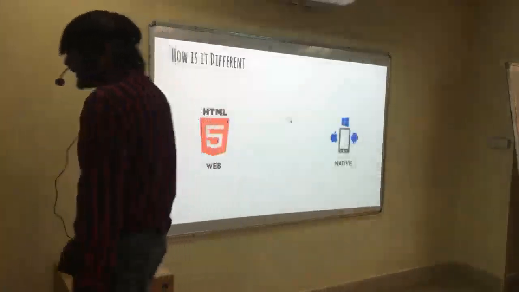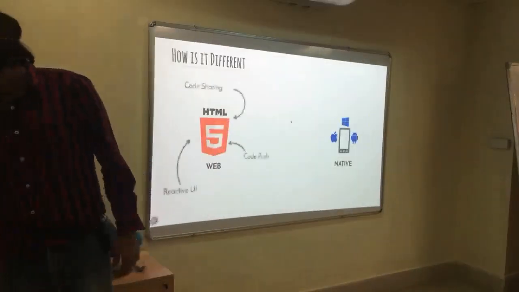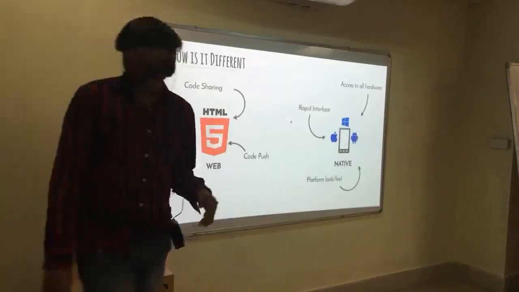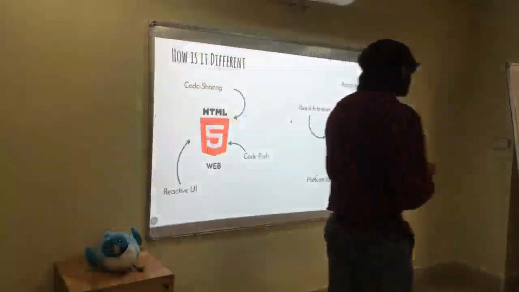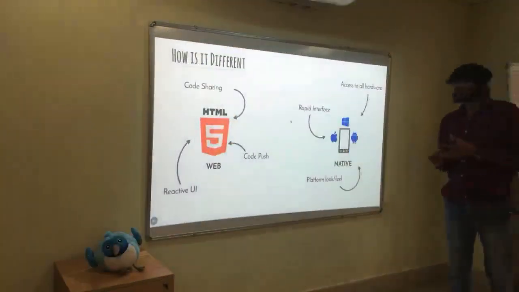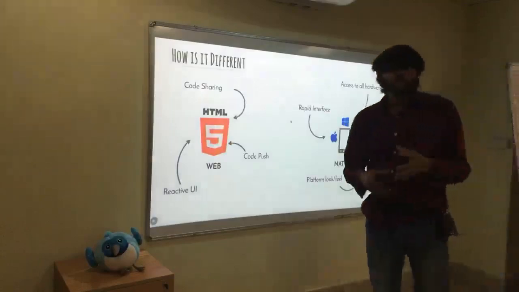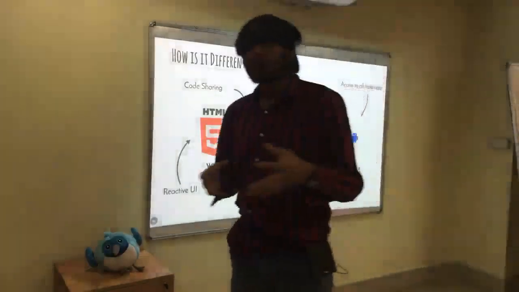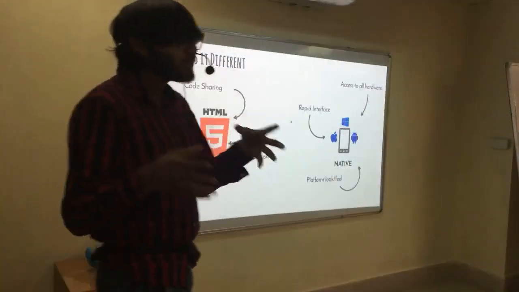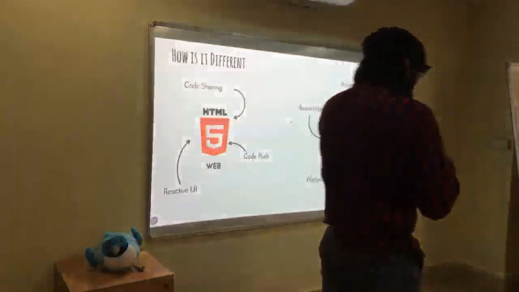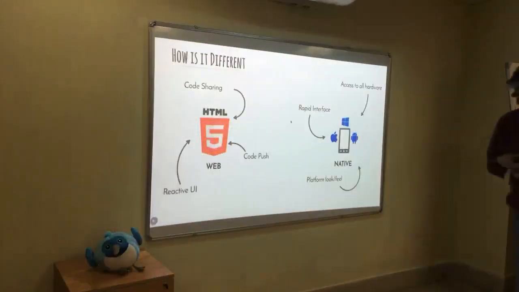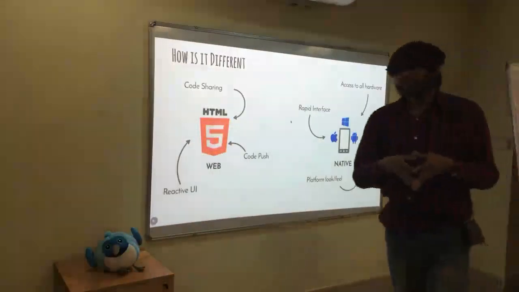For web development, you have code sharing, code push and reactive UI. With code sharing, you write your business logic in one language and your UI code in another language. You can share both into one and create a web page in Chrome or any web browser.